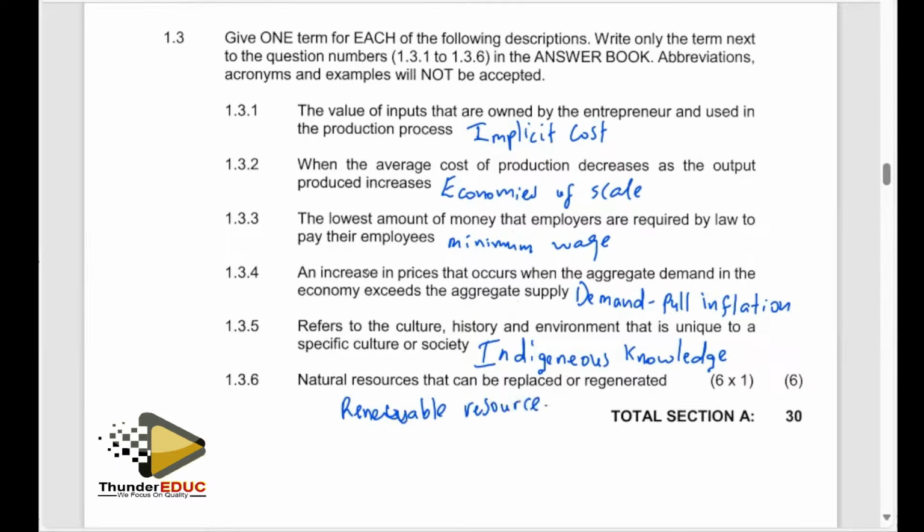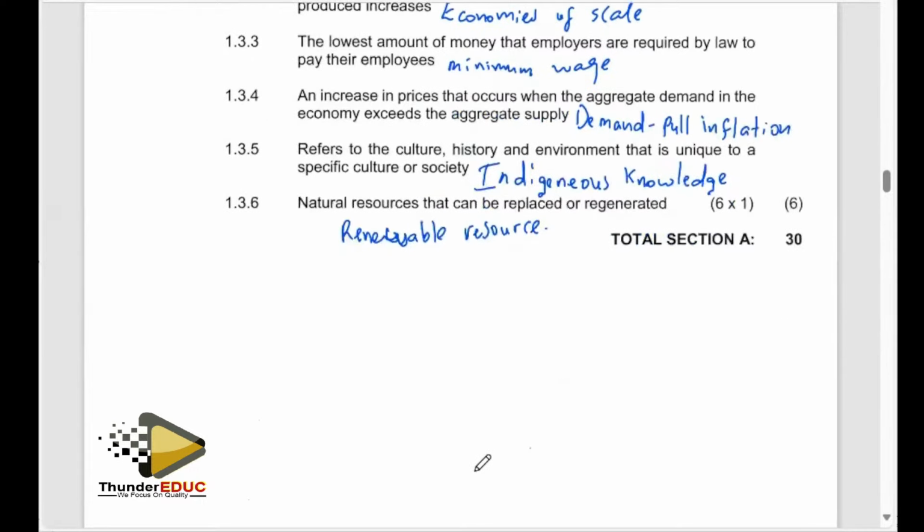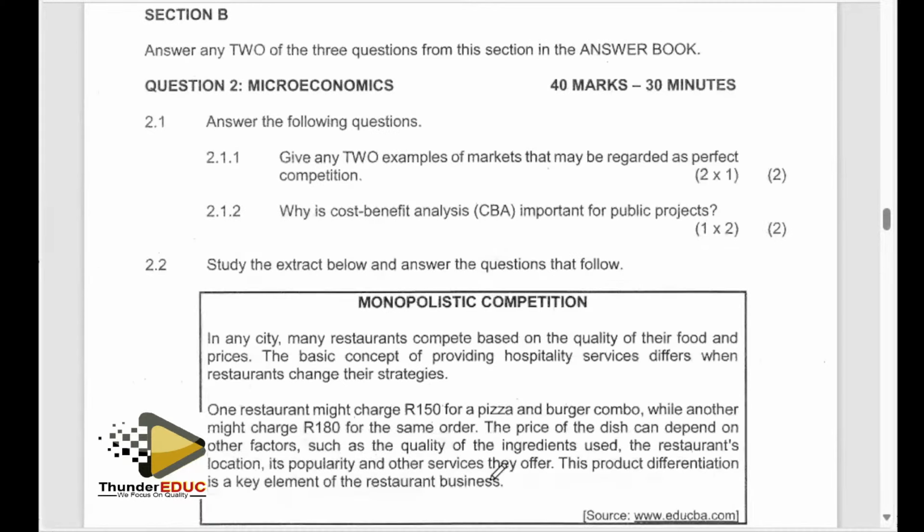Okay, right. So now let's move on to question 2. So now question 2 reads as follows. 2.1 in particular. Answer the following questions. So 2.1.1, give any two examples of markets that may be regarded as perfect competition.